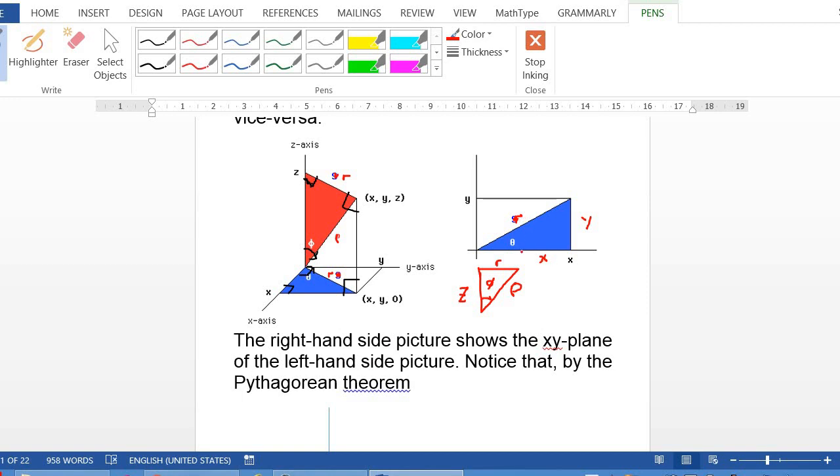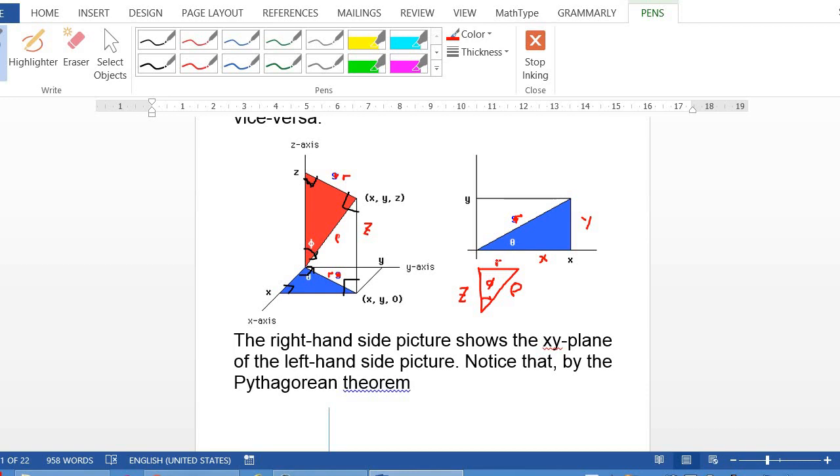That's why x is r cos theta. By taking sin theta, which is y over r, that's why y is r sin theta. When r is raised up to a height z, this is z, and parallel here, this is z. So when you raise r up to a height z, this one is actually r.